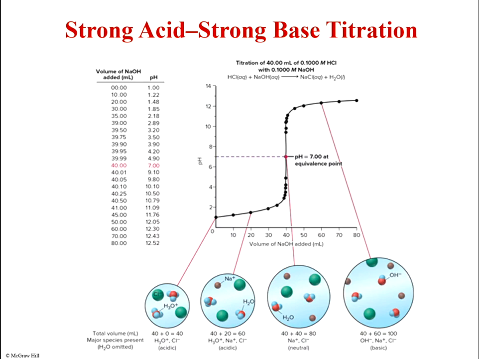And at the equivalence point, the pH is equal to 7 because we have equal amounts of strong acid and strong base forming pure water plus the counterions sodium and chloride, which have a very minimal effect on pH. And as we continue adding strong base, the pH continues to rise up, but eventually levels out at a higher value.